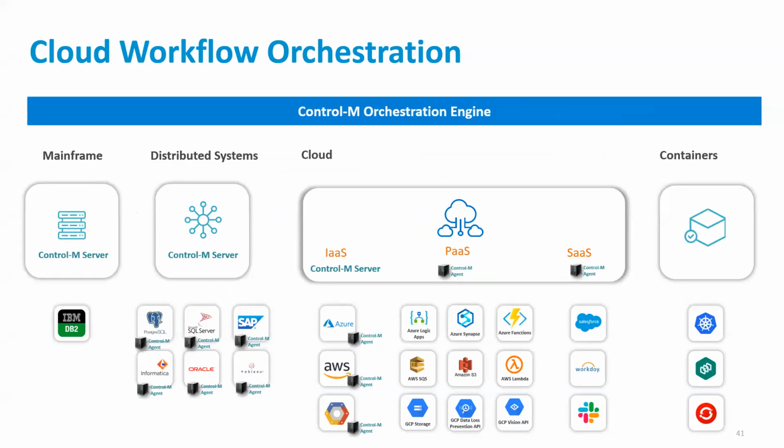Again, Control-M is the orchestration engine, whether integrating to your mainframe environment or to your distributed platforms. From the Control-M perspective, we deploy Control-M agents to the applications for the needed integrations, and the plugins let you use those applications as a job within Control-M.